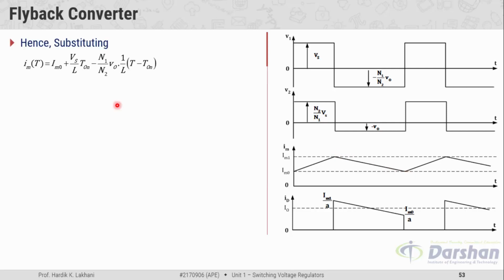So by substituting the value of Im1 into the previous equation, we get Im of t is equal to Im0 plus Vs upon L into t on, that's what we have substituted into the previous equation, and minus N1 divided by N2 into VO into 1 upon L into t minus t on as it is.